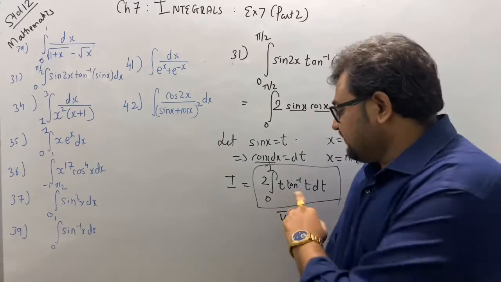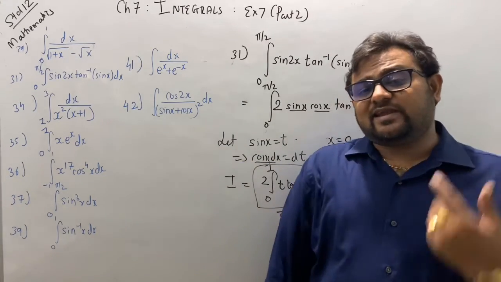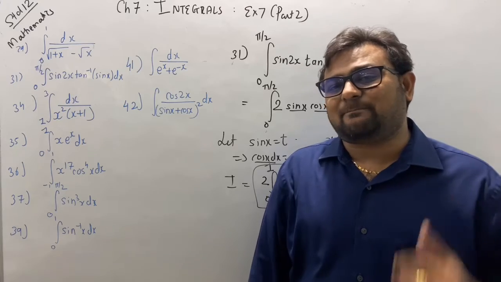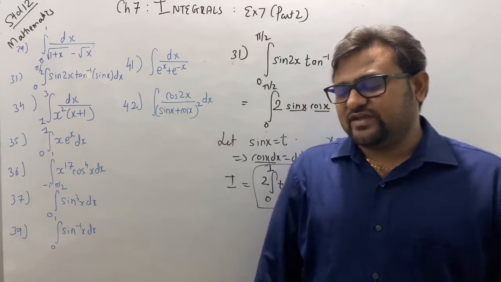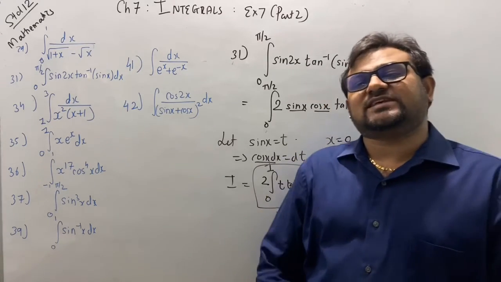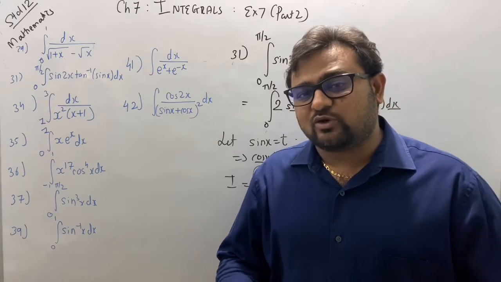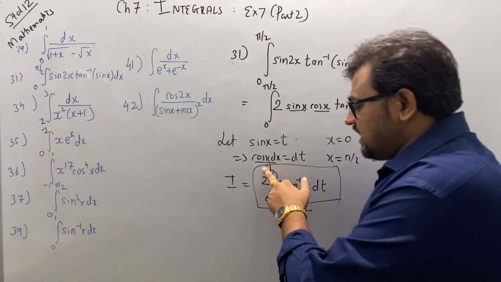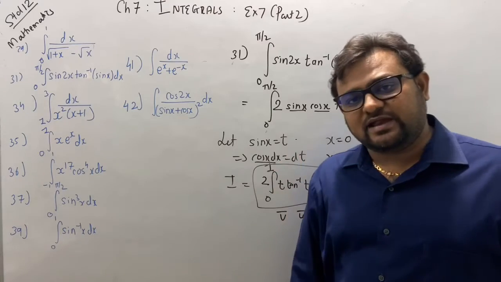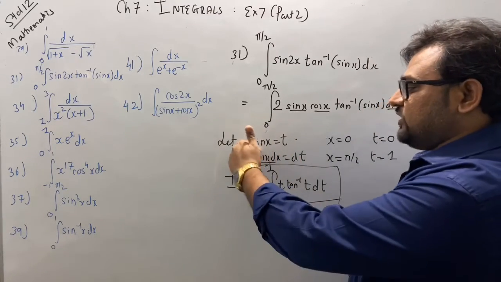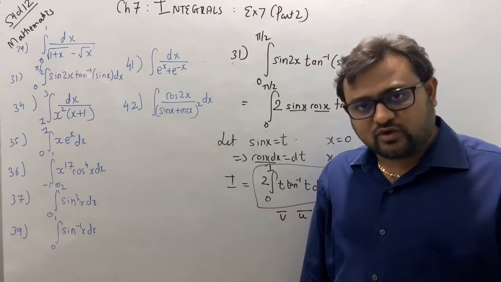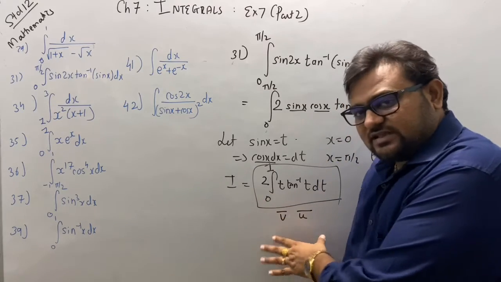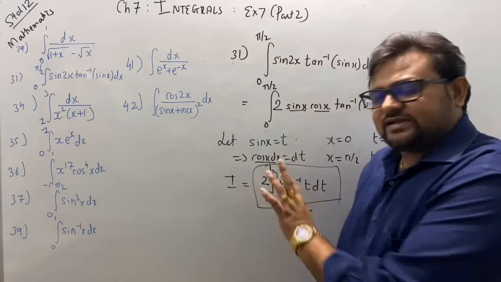If you find difficulty in this type of sum, then refer to exercise 7.6. We have solved this type of sum in exercise 7.6. The only thing you have to add here is to put the upper limit and lower limit. No need to replace the value of sin x again. Solve it by parts and then put upper limit 1 minus lower limit.